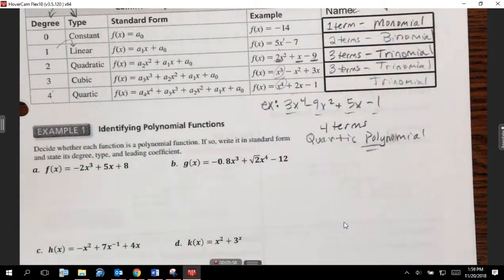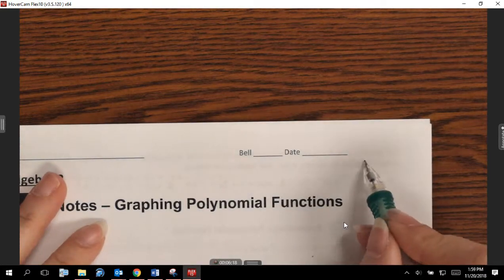Just like all 4-sided figures are quadrilaterals, but the ones that have all 4 sides the same are called... no. All 4 sides the same? Oh, that's a circle. That's a square, right? No, it is not.